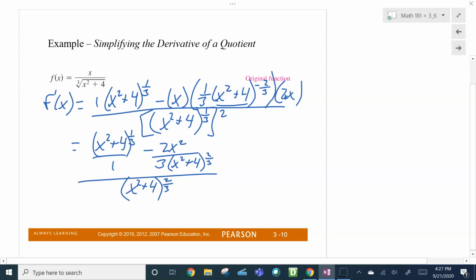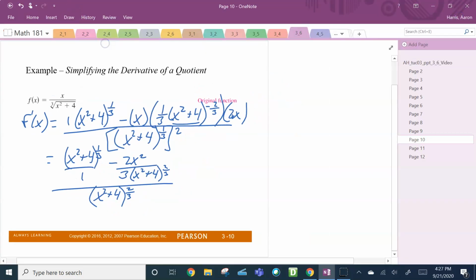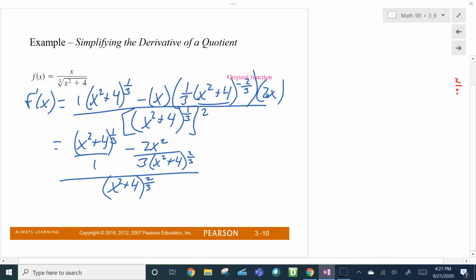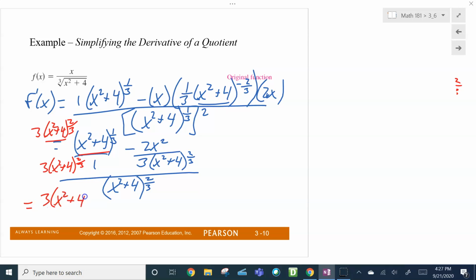Now this is over 1. I've got to get the common denominator so I can combine these here. So I'm going to give this a 3 times x squared plus 4 to the 2/3. So this will become x squared plus 4 to the 2/3 times x squared plus 4 to the 1/3, x squared plus 4 to the 3/3, or x squared plus 4 to the 1. This is all over the common denominator.